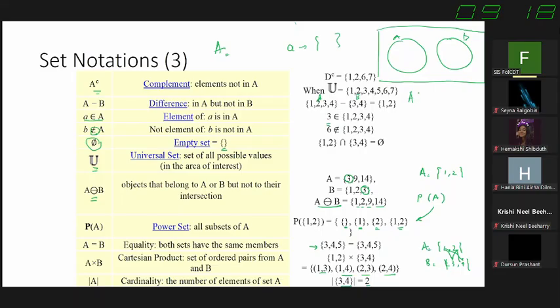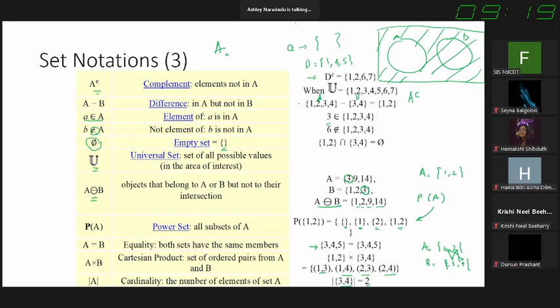If you want to say A complement, it would be everything which is outside A. Suppose D here in this particular example is {3, 4, 5}. If we say D complement, it's going to be 1, 2, 6, 7. Is that okay, Ashley?